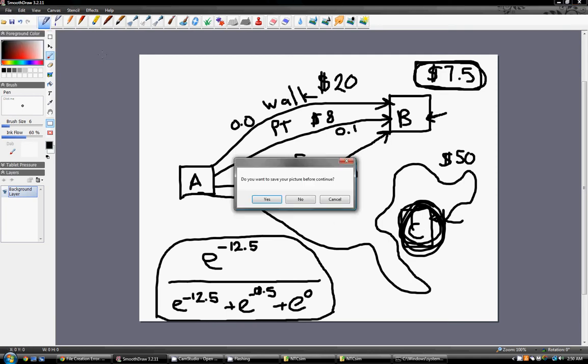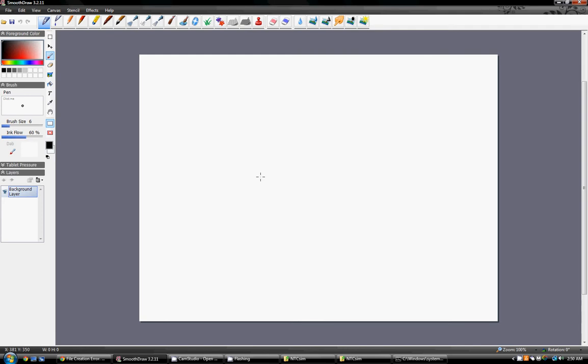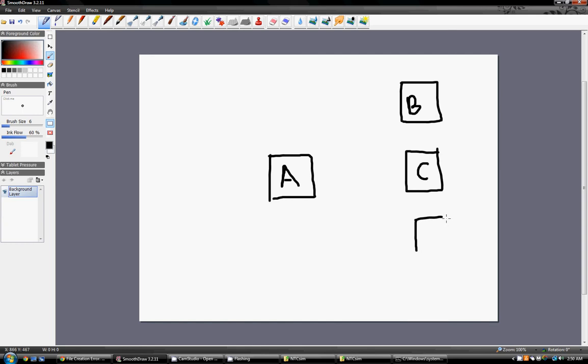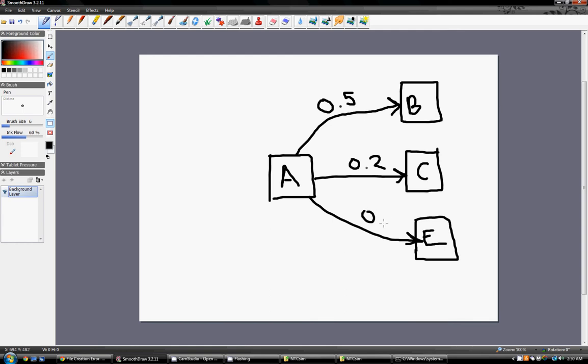So with all that, after we do all that, for each A, we know of all the trips from A, let's say 50% go to B, 20% go to C, 30% go to E.